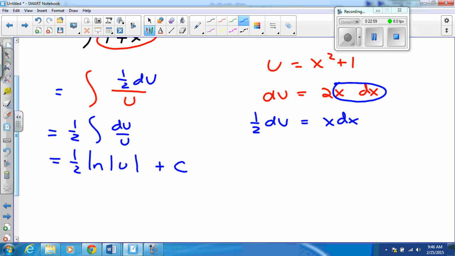Let's see. In order to clean it up and finalize my answer, I need to back substitute. And I need to check it.